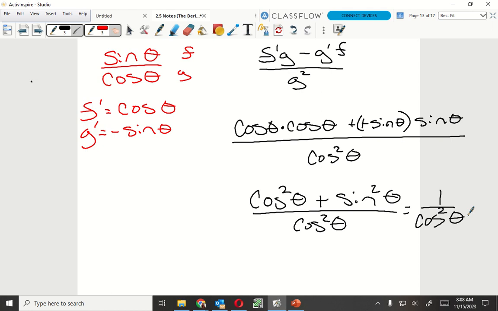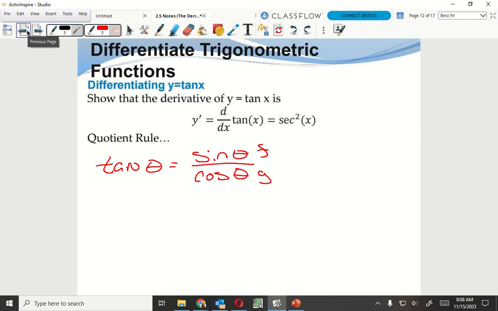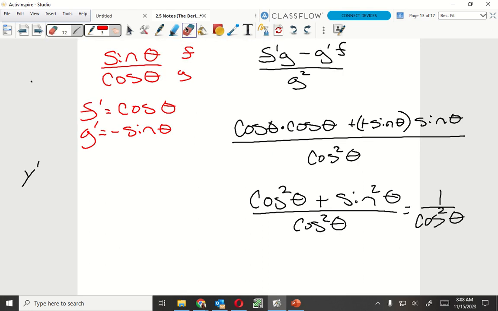So my derivative of tangent, using the other notation, d/dx of tangent x, since I did the quotient rule, is going to be 1 over cosine squared theta.